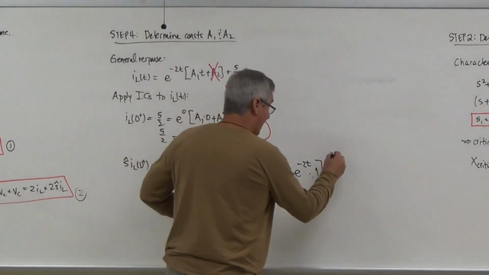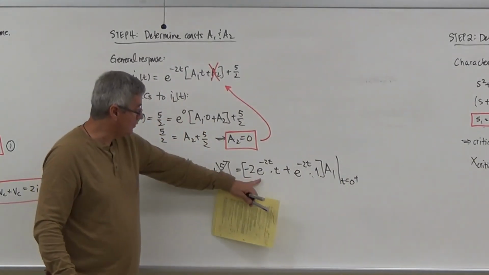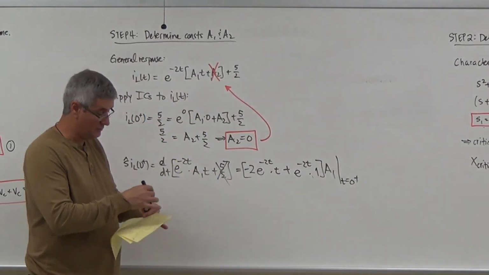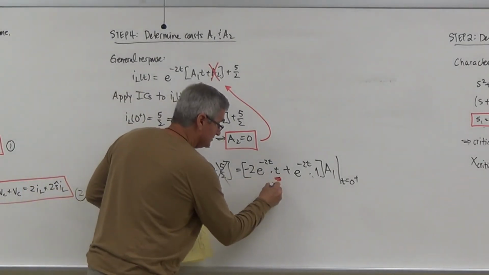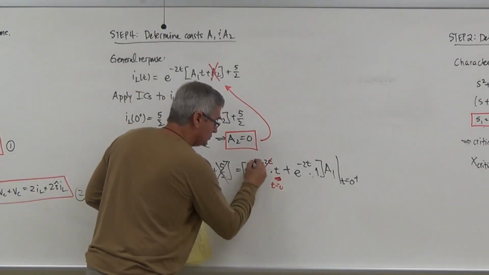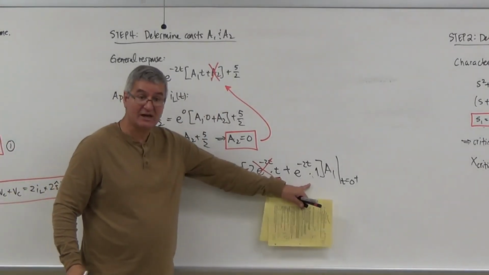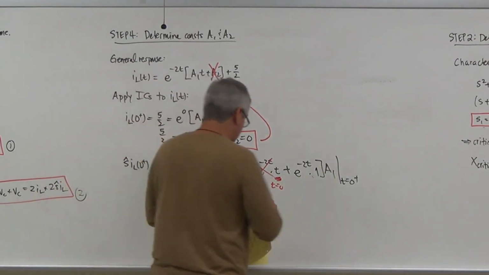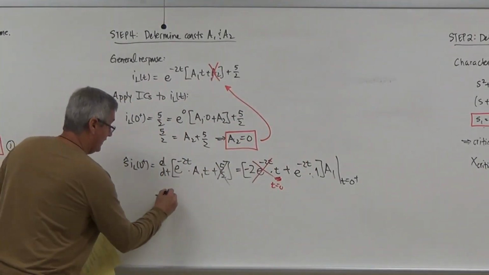So then, at t equal to 0 plus, what do I get? That's 1. This whole term goes to 0. Right? Because look at the t right here. Since t is equal to 0, that whole term cancels out. So the only thing I have left is this guy right here. And you can see that at t equal to 0, this guy now equals what? A1.